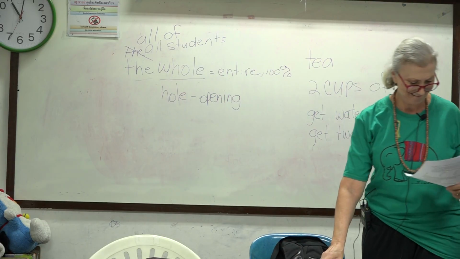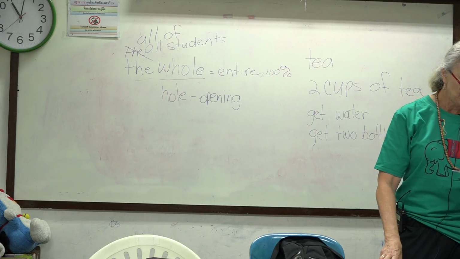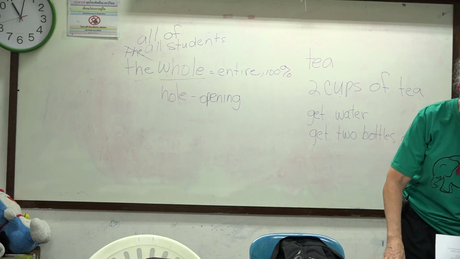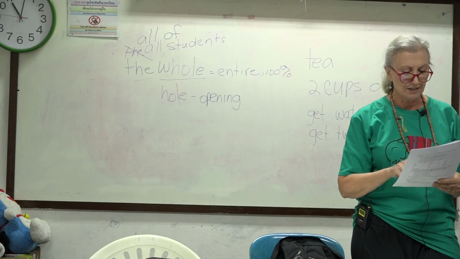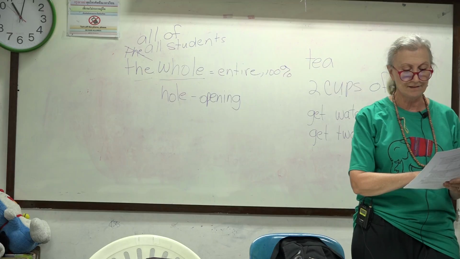This book is all about the royal family. You say this book is all about the royal family, not this book is whole about the royal family. All about the royal family.